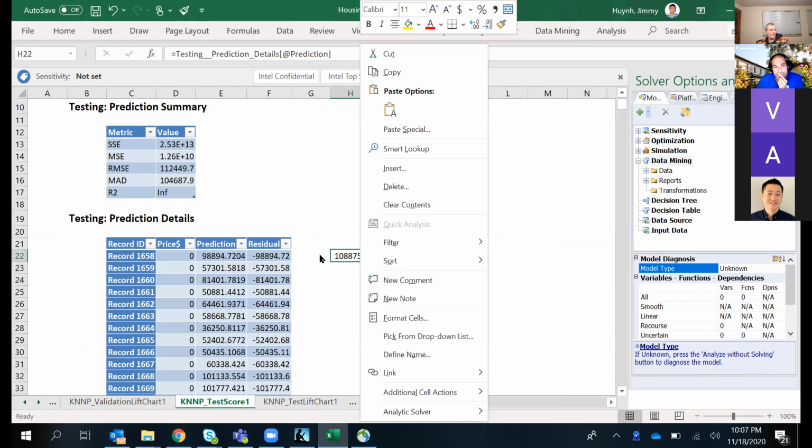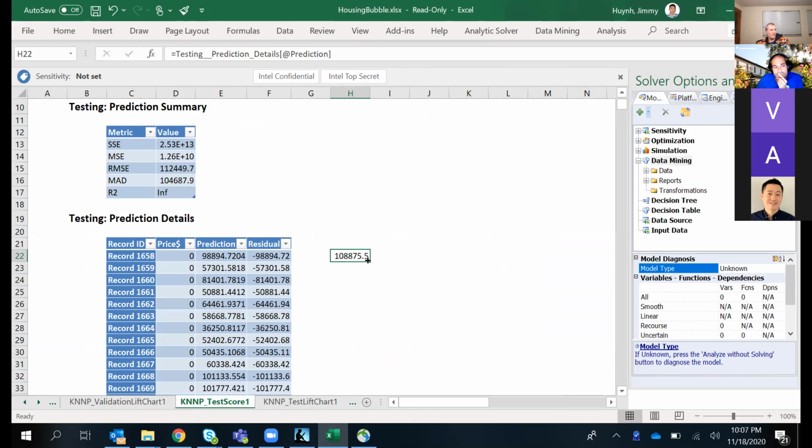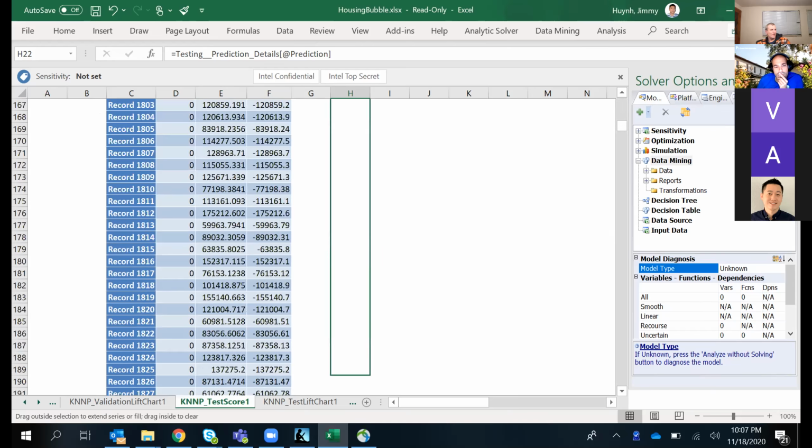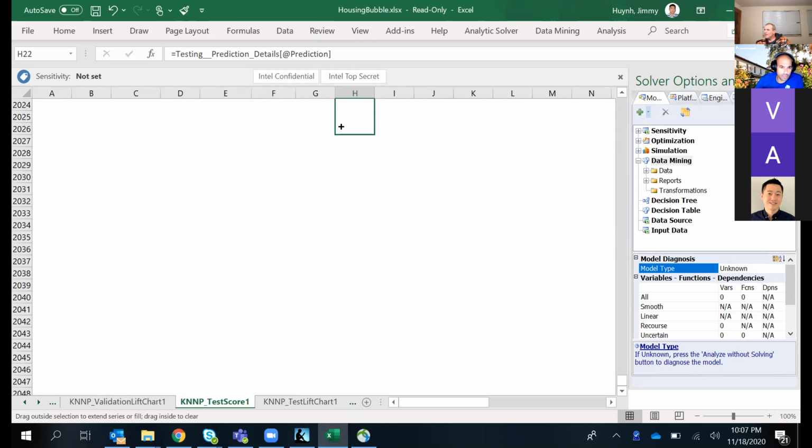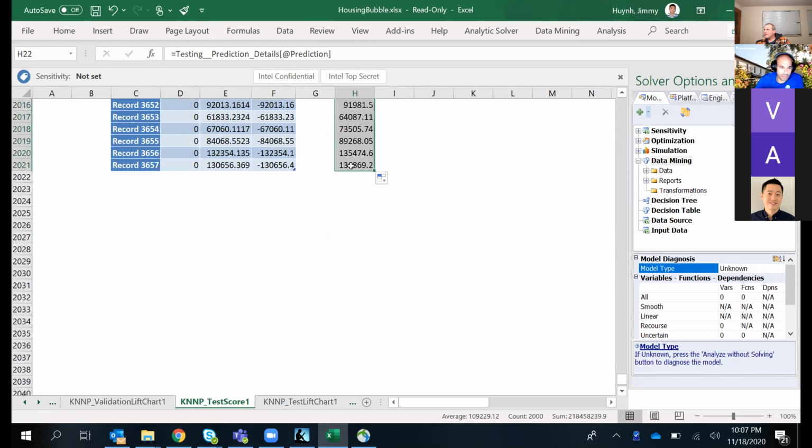Is it the same total count? Let's see. Is it 2,000 for both of them? Then I guess it shouldn't matter. No, it's not. The first one said 1,600 and the next one was like 1,300 or something.